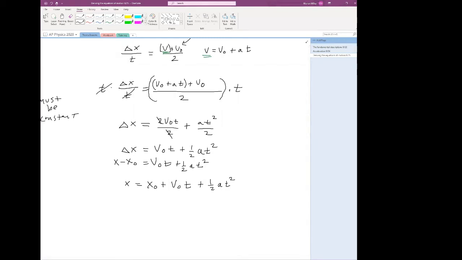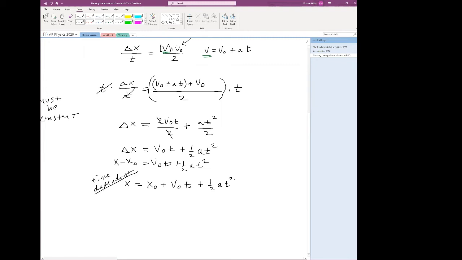Now, this equation's cool, useful a lot. But there's some situations where they'll tell you maybe your change in velocity, but they won't tell you how long it took. They won't tell you the time. So we call this the time dependent equation of motion.